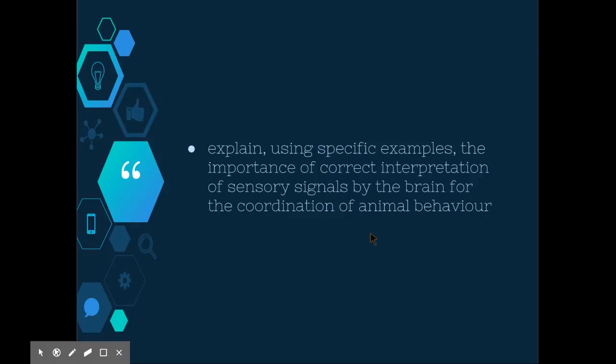So up until now, we've been looking at how we create sound, how we perceive sound, how we perceive images. So what we need to do is just have a look at what happens when these messages aren't sent to the brain properly, or if the brain itself is unable to interpret them properly.